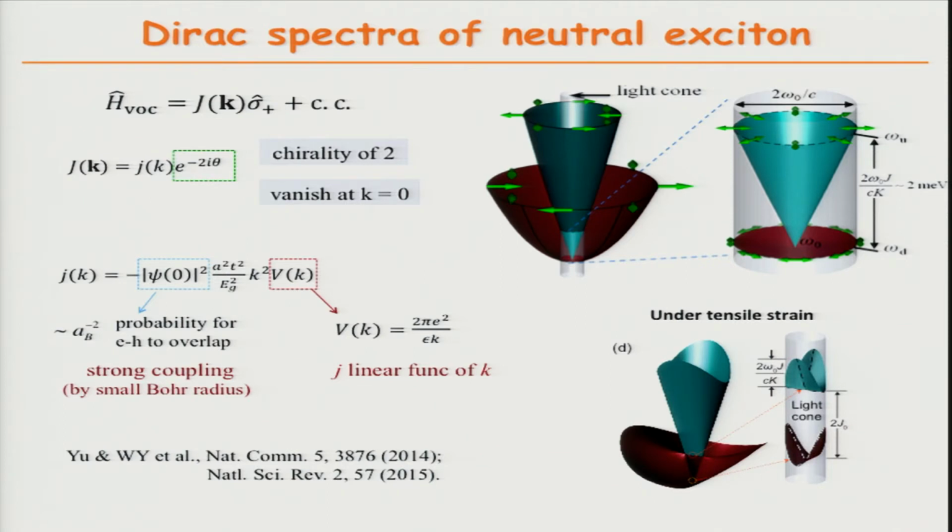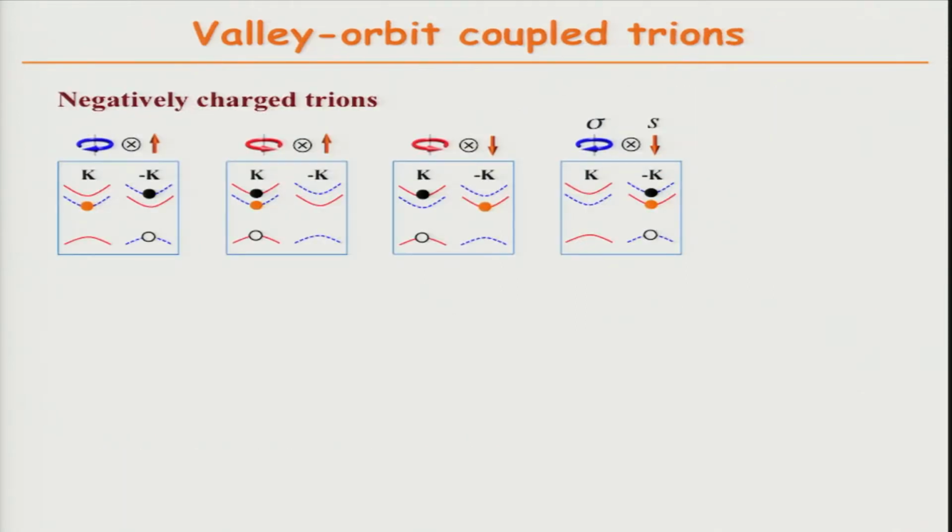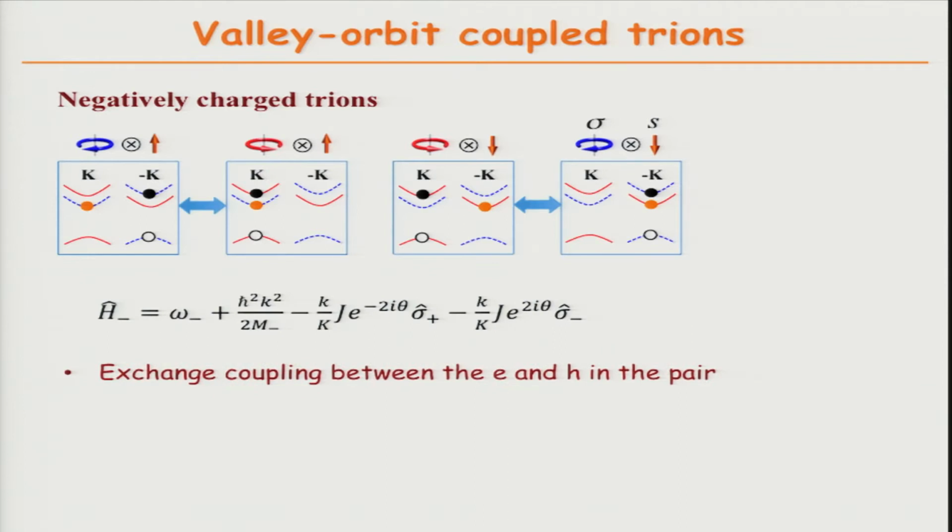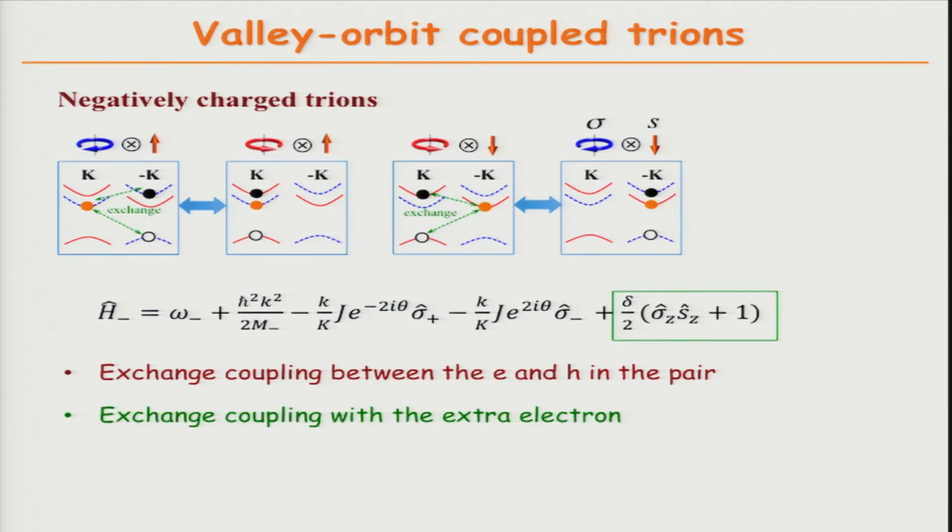And besides, when you look at those charged species of excitons, when you have an additional electron bound to this electron-hole pair, there is an exchange interaction of this electron-hole pair with this extra carrier, and that one, acting together with the electron-hole pair exchange between them, leads to a gapped Dirac spectrum once again.